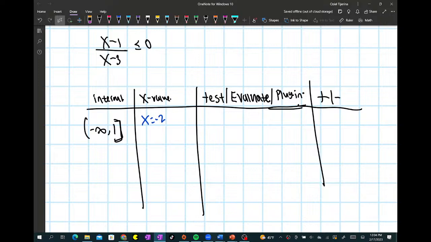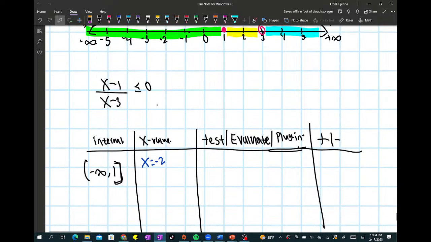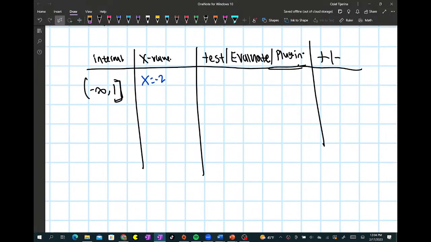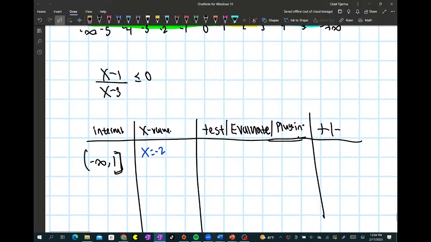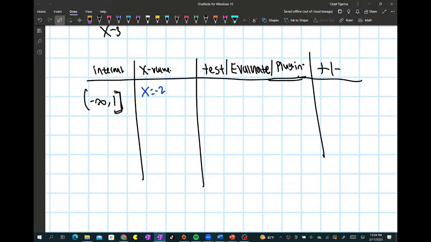In reality, this one is really y. But again, I don't want to confuse anybody. If that confuses you, just pick a number that satisfies this inequality. Do not pick x equals 0 if that confuses you. So I'm going to pick x equals -2.